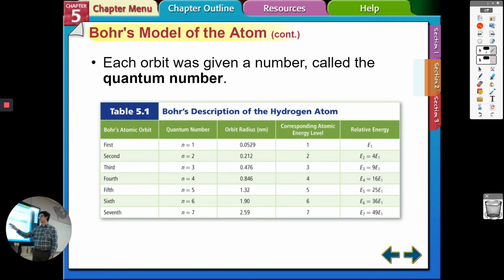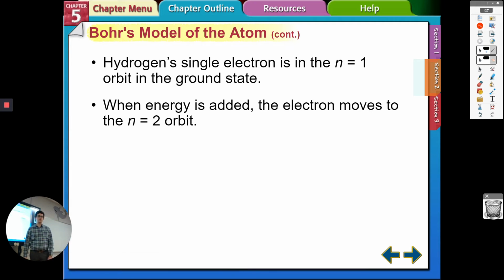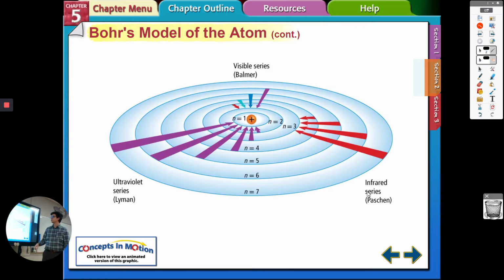You do not have to have memorized the orbital radius or the relative energy. So like I said, in its ground state, hydrogen has one electron in the 1 quantum level, and when it's excited, it moves to the 2 quantum level. So far, so good, right?